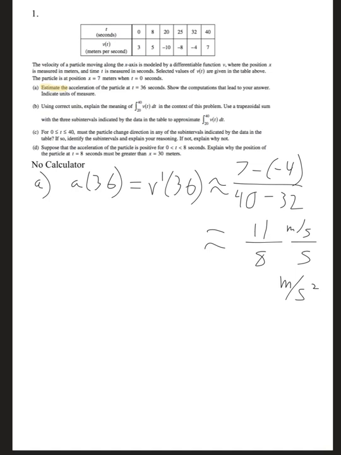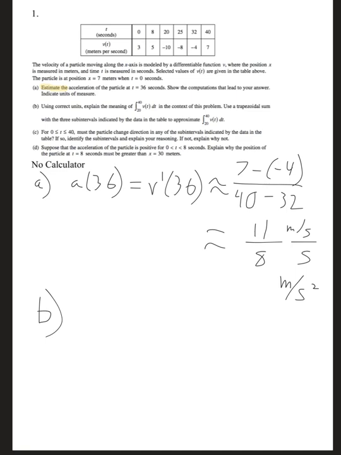Part B, using correct units, explain the meaning of this integral in the context of the problem. So I know that if I have velocity, then the definite integral represents the area underneath that, which in this case represents your displacement.